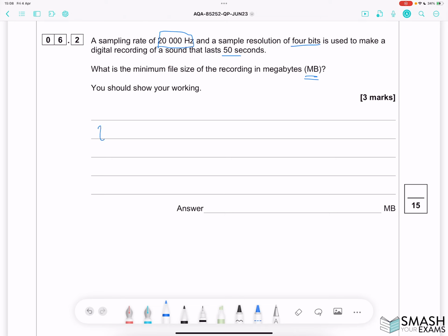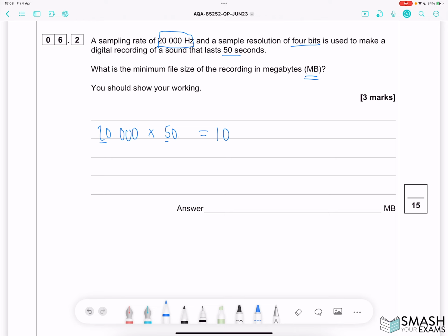So we've got 20,000 hertz to begin with. And then from there, we can do it either way. We can multiply it by the 4 bits first of all, or we can multiply by the 50 seconds. I'm going to do the 50 seconds first of all. Very simply, I would just do 5 times 2, which is 10.